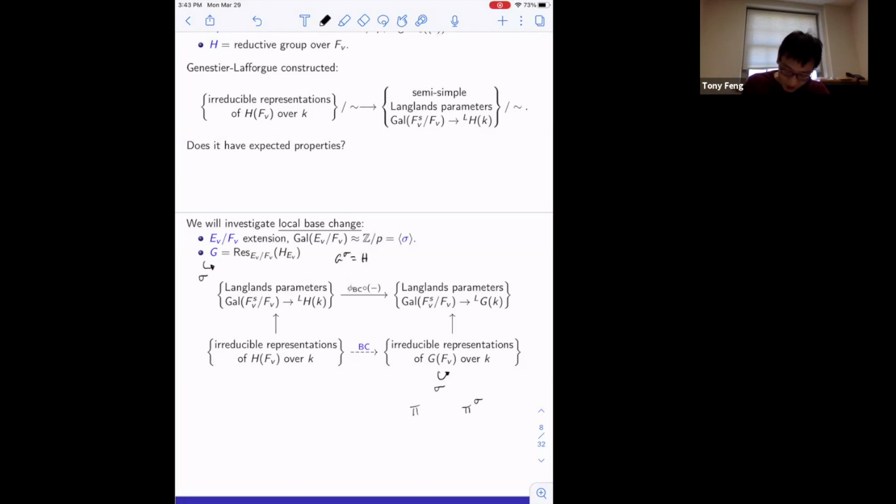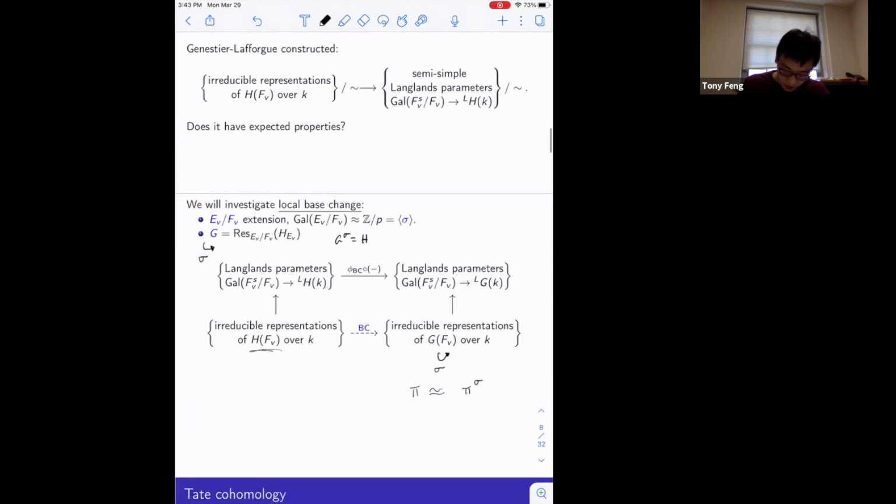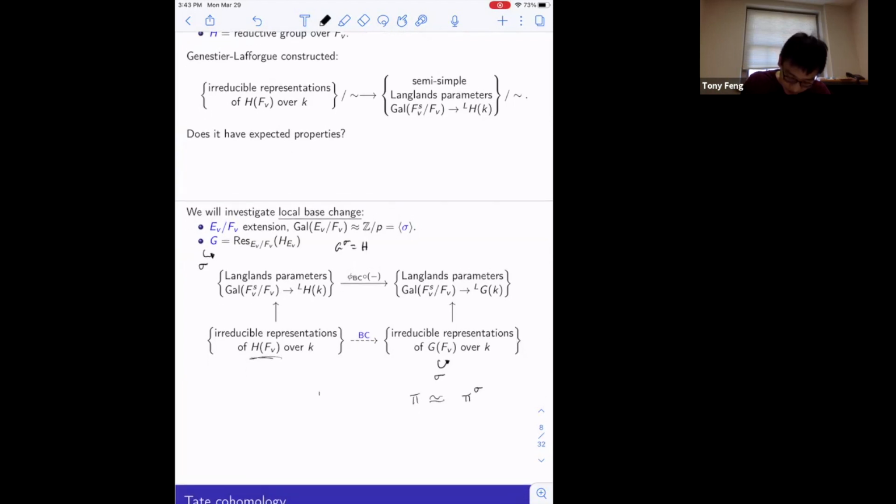And if you have an irreducible representation such that it's isomorphic to its own twist, then the belief is that it comes from base change. Basically because the source of base change is something where sigma acts trivially. Okay, so such a thing will be called sigma fixed. Pi will be called sigma fixed if it's isomorphic to its twist by sigma. And if that is the case, then a short lemma shows that there is a unique way to extend the G action on pi to a G semi-direct sigma action.